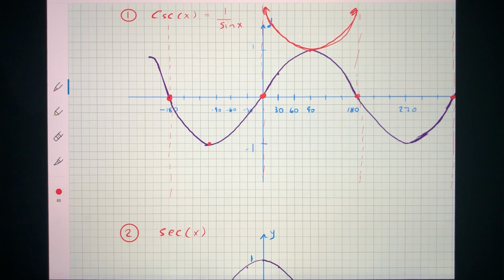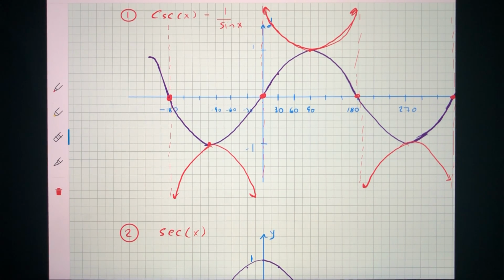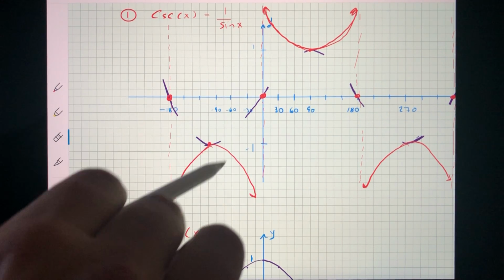So here's one piece, here's another piece, and this will continue like this forever. So the actual graph of cosecant is the red graph, not the blue. If we were to erase the blue, we would get this. This is the graph of the cosecant.